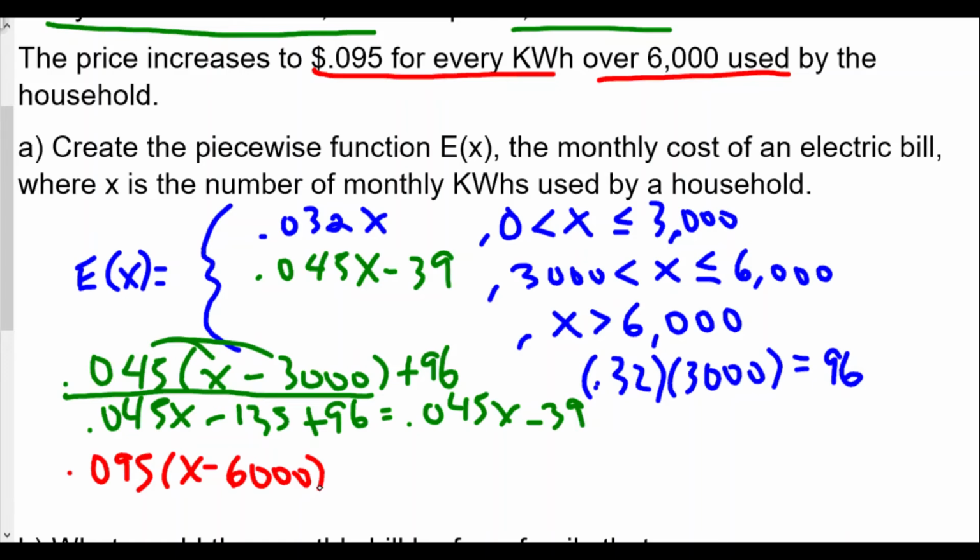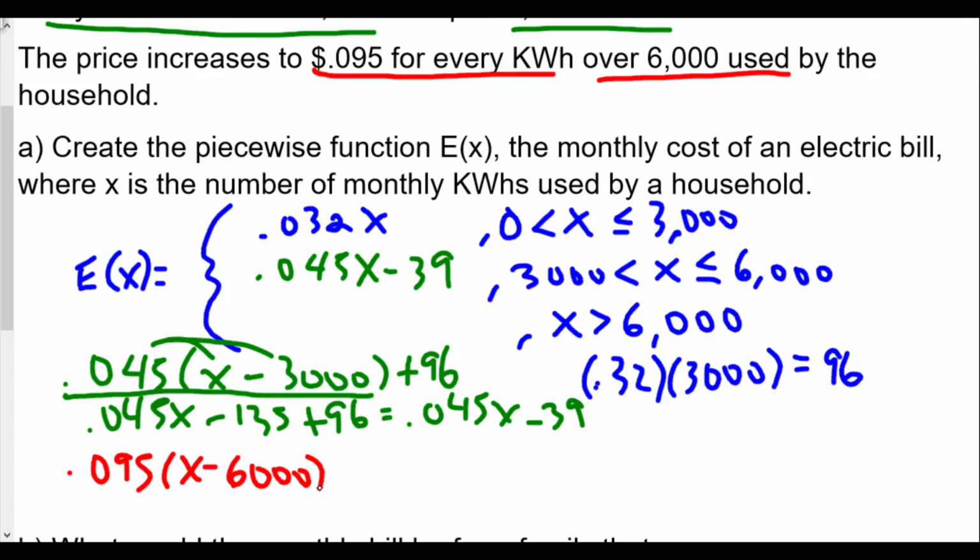If you have usage of over 6,000 kilowatt hours, then only that portion above 6,000 we charge 0.095. So if you have a use of 7,000, we only charge 0.095 for the 1,000 above. That's why we get the x minus 6,000.